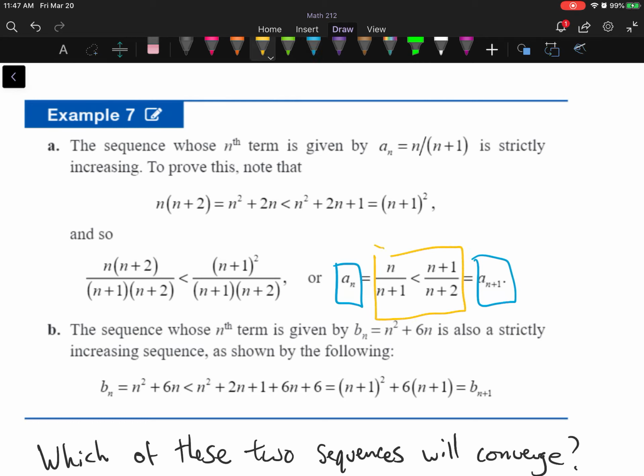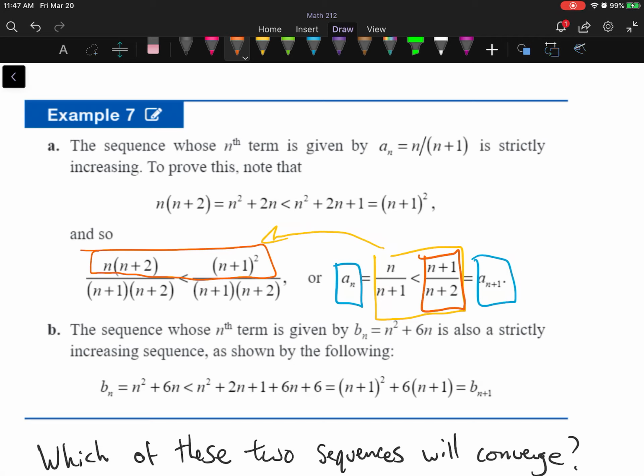And if we go over here and make common denominators, and then think about how these numerators are related to each other, we can prove that this guy is always greater than the other term. So the n plus 1th term is always bigger than the nth term, and therefore that sequence is strictly increasing.